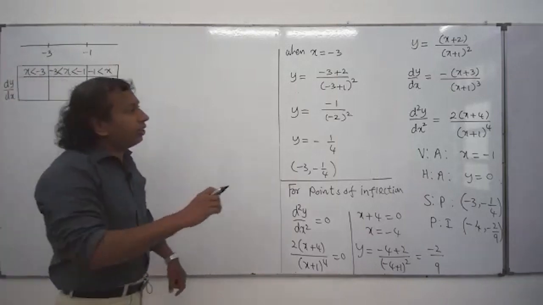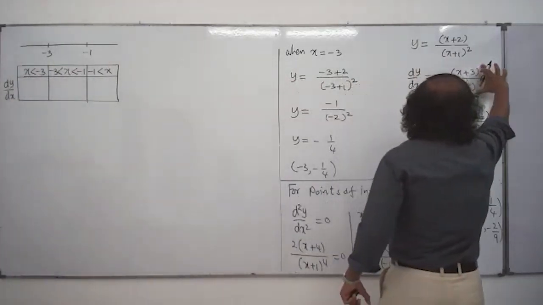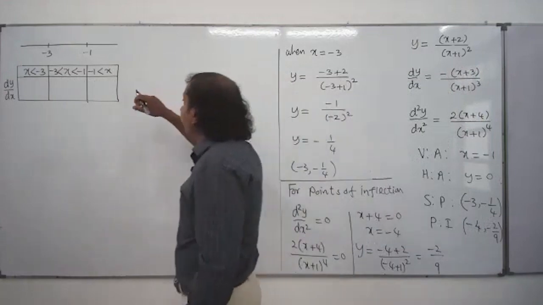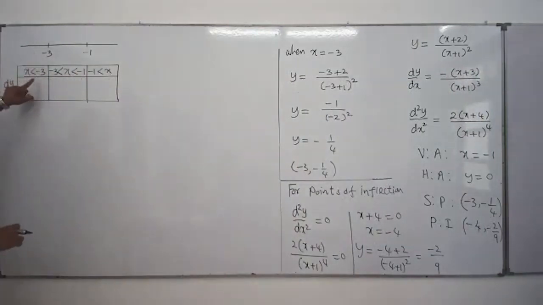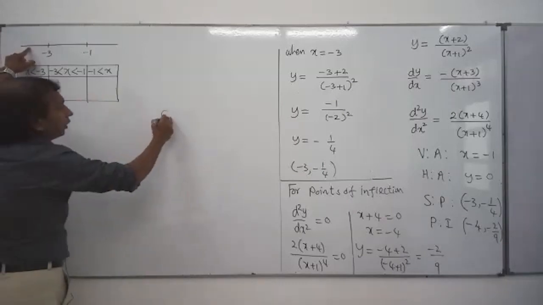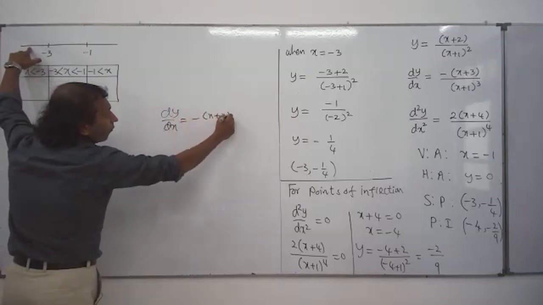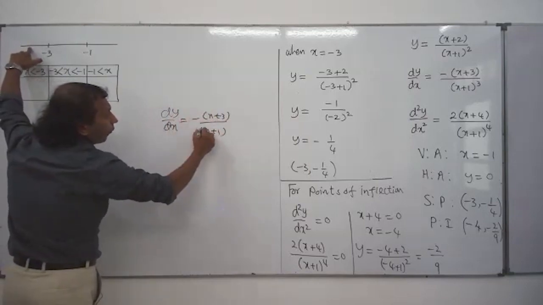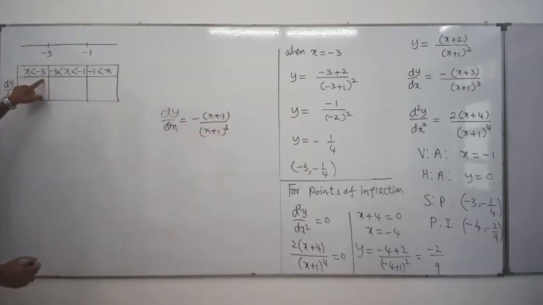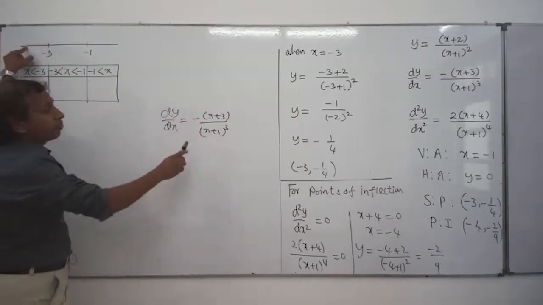Now, this is our dy by dx. In this dy by dx, we have to substitute a value from each interval for x. dy by dx is -x plus 3 divided by x plus 1 cubed, no? Now, in the interval x less than -3, we need the sign of dy by dx. For this, we take any real number from this range and substitute for x.